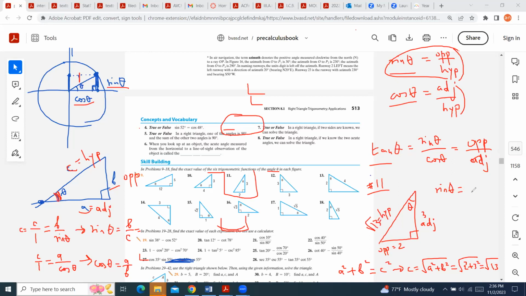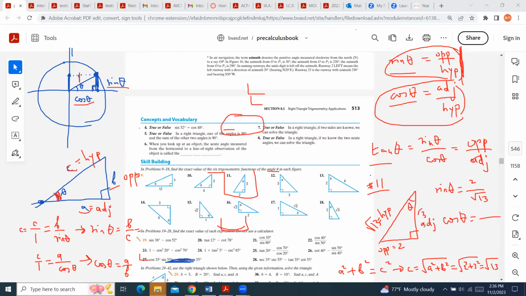Whatever it is, it's fine with me. So now I can do opposite over hypotenuse, right? The opposite is 2, the hypotenuse is the root of 13. Great. Cosine, well, that'd be another quotient, adjacent over hypotenuse. Look at this, you have the formula, you're done.